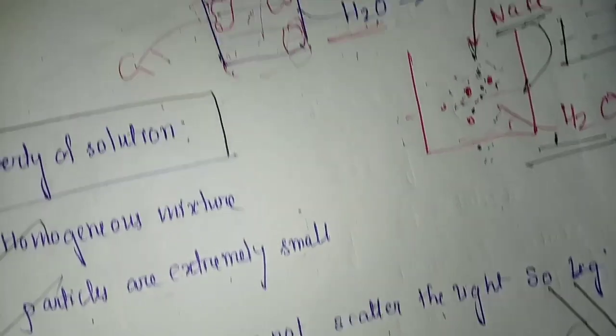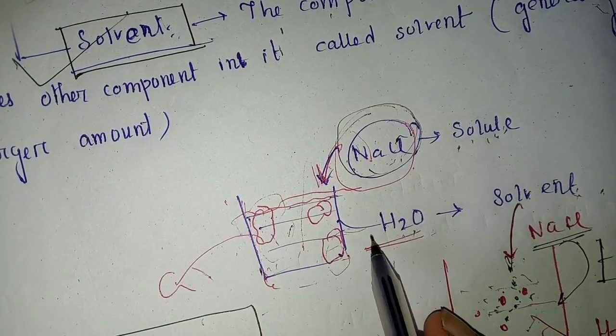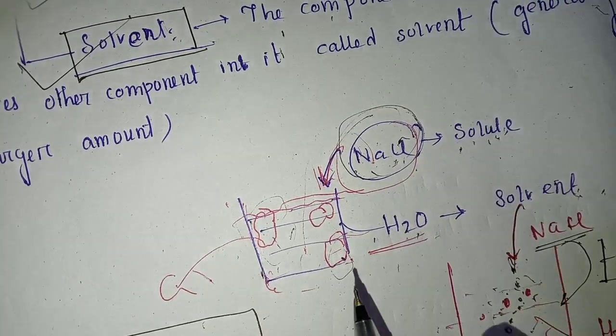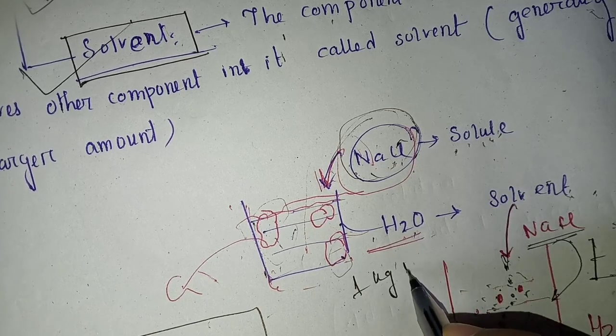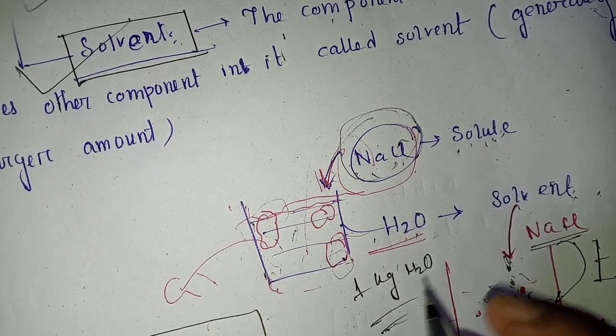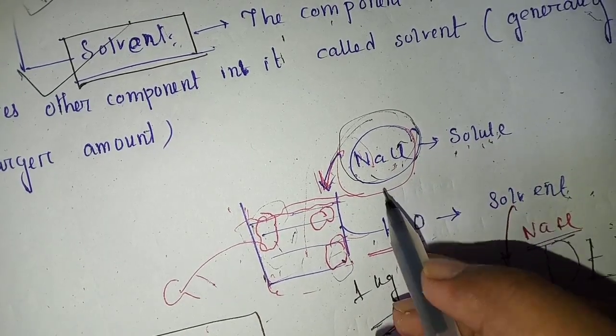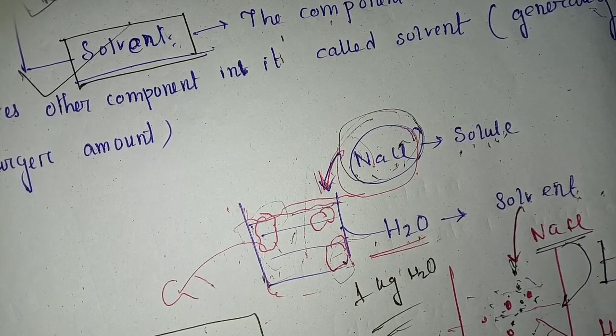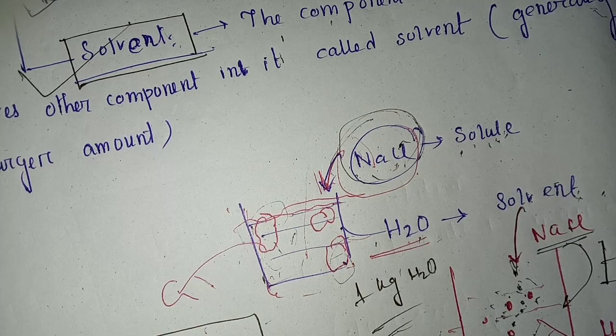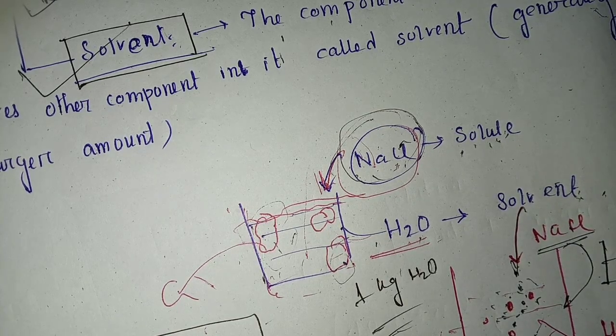Suppose I take the example here of H2O and NaCl. Say, for example, I have 1 kg of water, by mass. I am saying by mass, and the maximum amount of NaCl I can add in this water is, say, 5 gram. Beyond 5 gram I cannot add more than this.